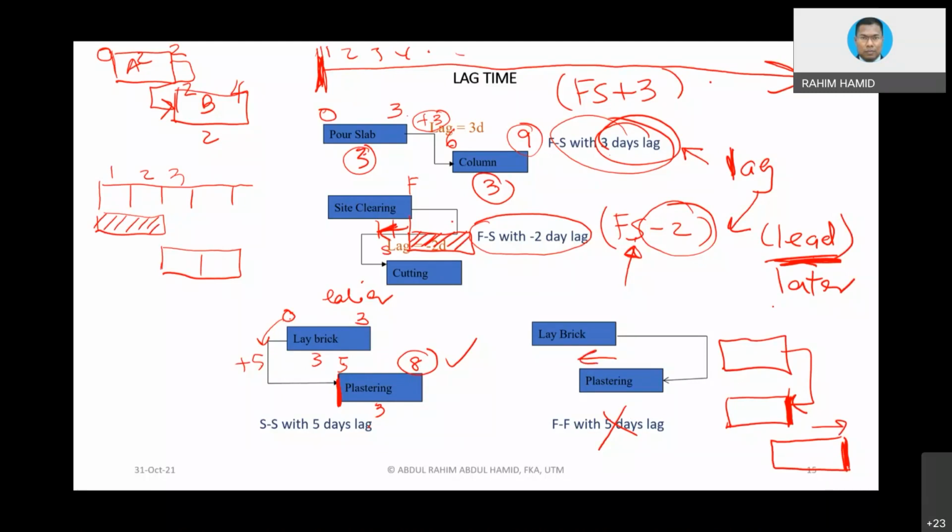But sometimes the logic must be there, okay? It is almost impossible, for instance, you basically complete the plastering much more in advance than laying brick. Partially you can, okay? So the logic must be there. Later on we are going to see how those kind of lag and lead will go into the calculation.